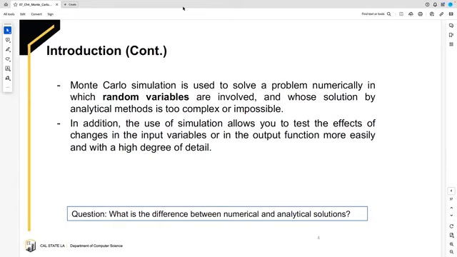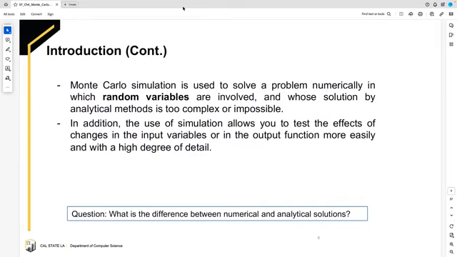But if you have a very complex function, which is made of different terms, and we don't know the answer analytically, which is in fact the common case in many applications, then we need to employ some numerical methods to estimate the answer. And Monte Carlo simulation is one of those very well-known methods for answering complex problems numerically.